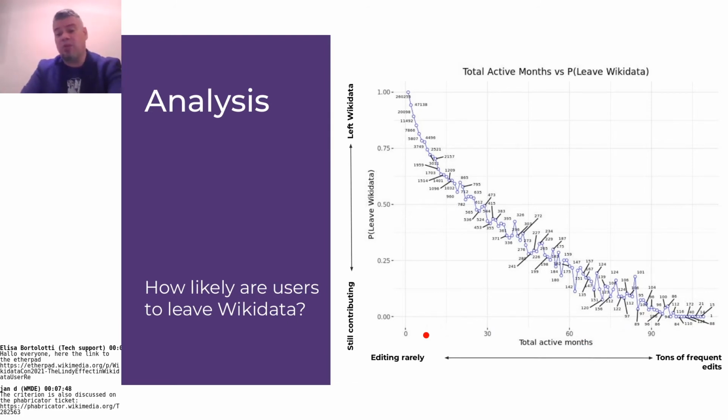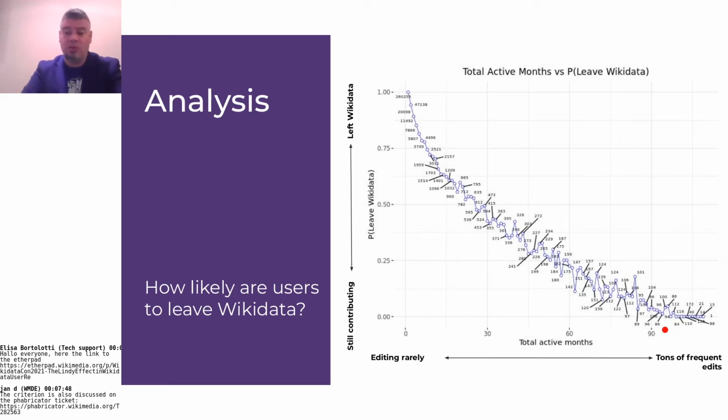And then we grouped all people who had the same number of active months, and we put that on the x-axis, and on the vertical axis is the probability to leave Wikidata. We counted how many people from each group have left Wikidata. You can see there is a clear and regular relationship, right, between the number of active months, which is a proxy measure for the user activity, and the probability to leave Wikidata.